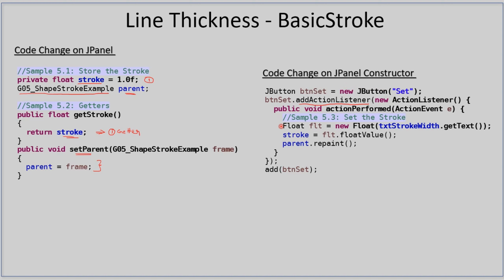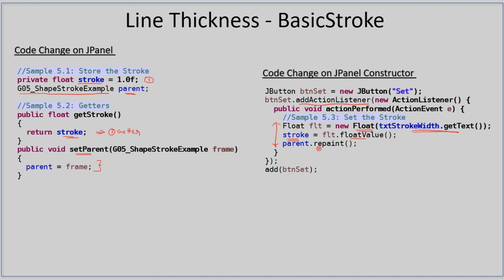So in the action performed, we will write this piece of code, and if you see here, we construct a float boxed instance and we take the width from the user interface. So this defines the pen thickness and it's in the user interface. We take that and construct the float, and from that float we return the float stroke value. That means this defines pen thickness, right? So pen thickness is coming from the UI.